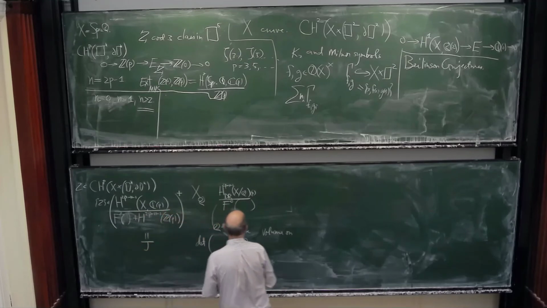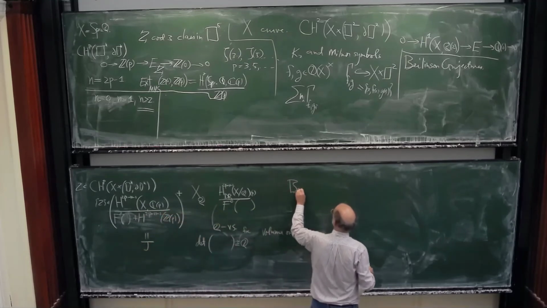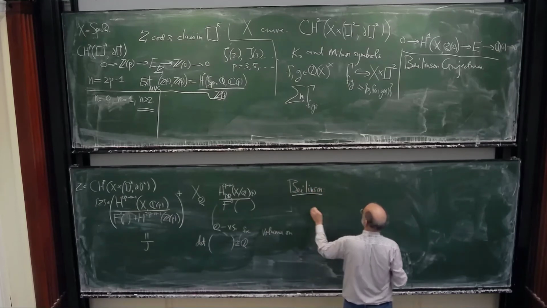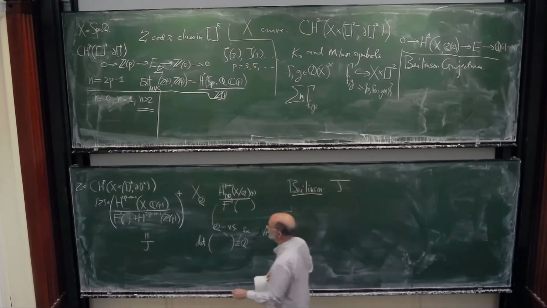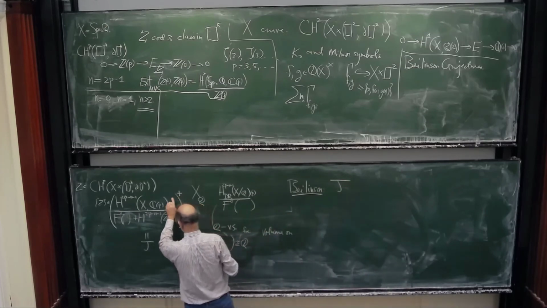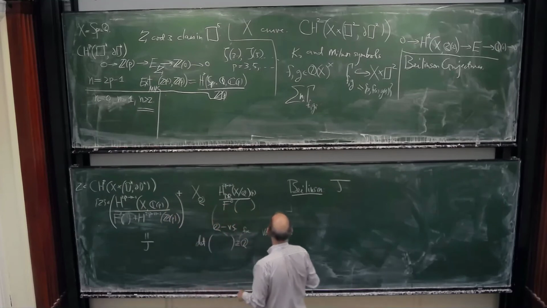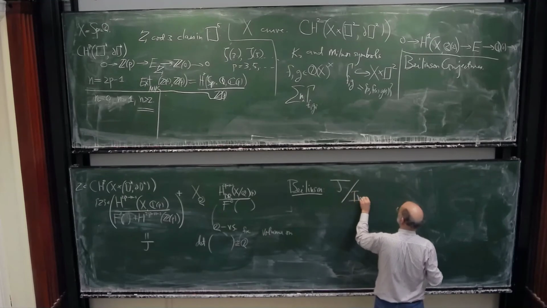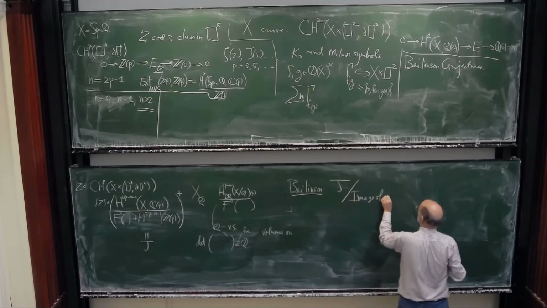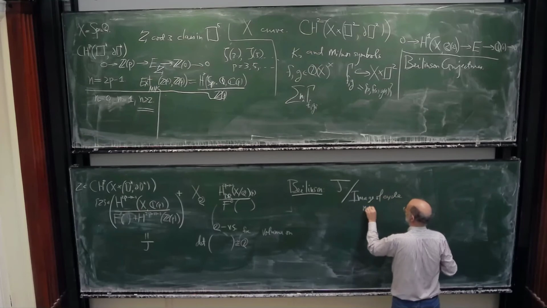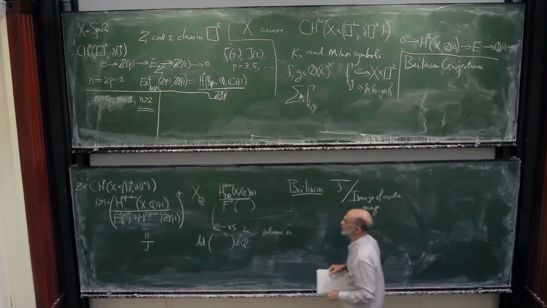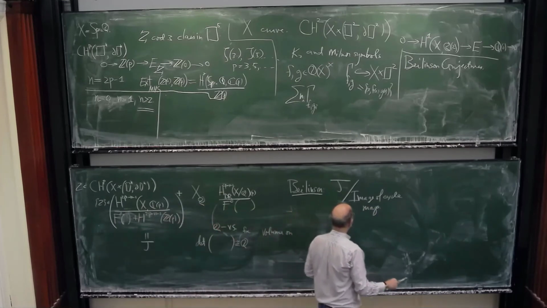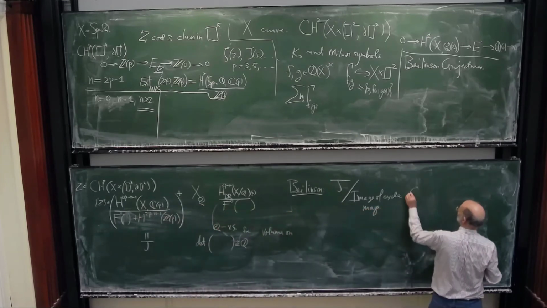And so Beilinson conjectures that if we look at this, our J here, which is the, we have to take the invariance under the real conjugation. If we take J and we factor out by the image of the cycle map, which associates to each cycle its extension class, that this should be compact.